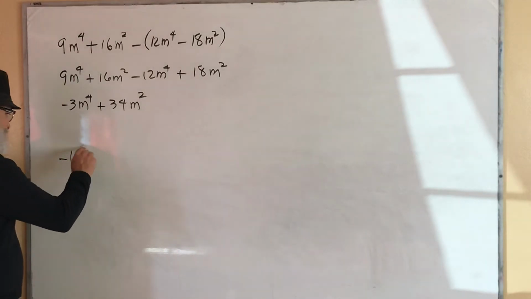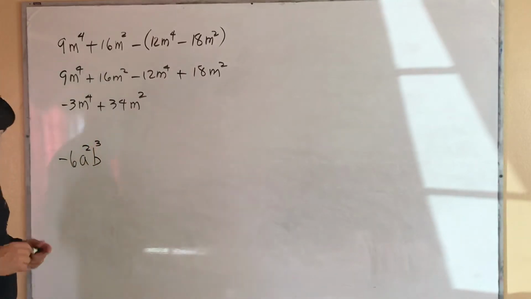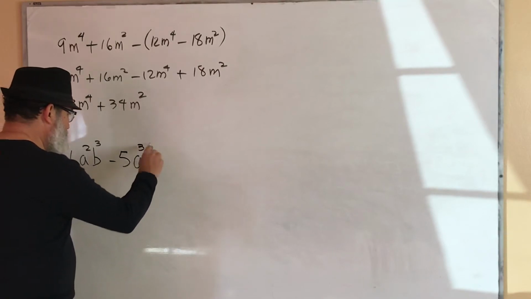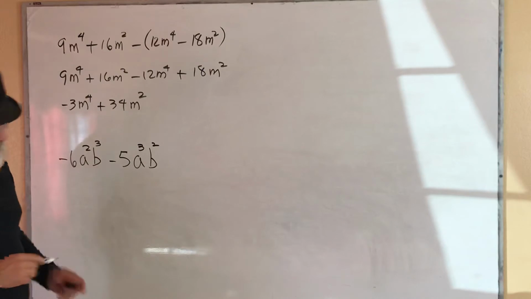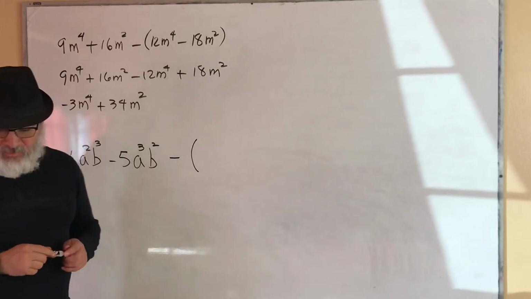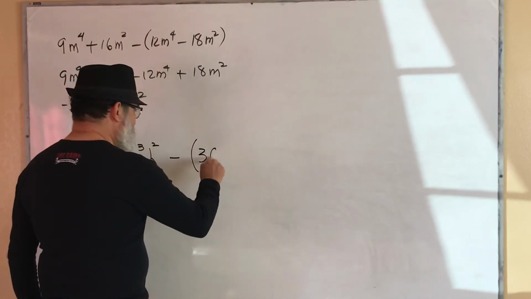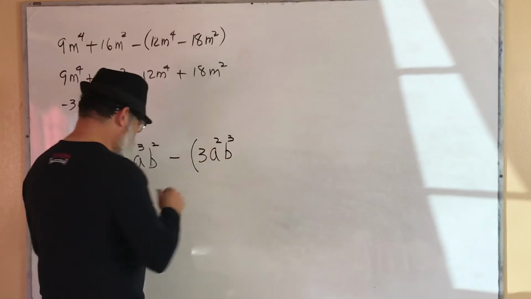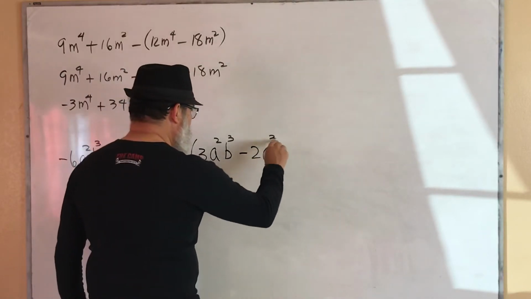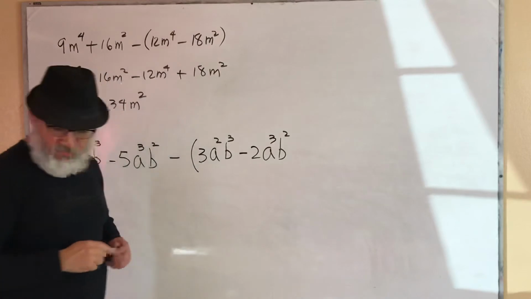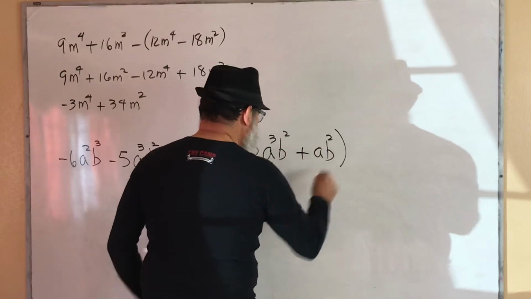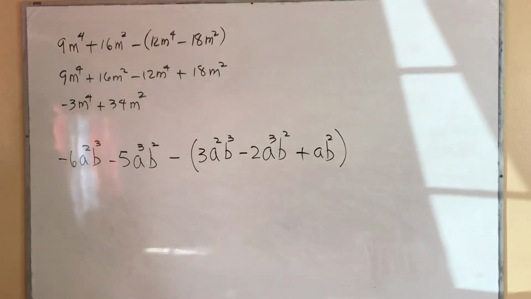Negative 6a squared b cubed minus 5a cubed b squared minus, parentheses, don't forget that, 3a squared b cubed minus 2a cubed b squared plus ab squared, close parentheses. Okay.